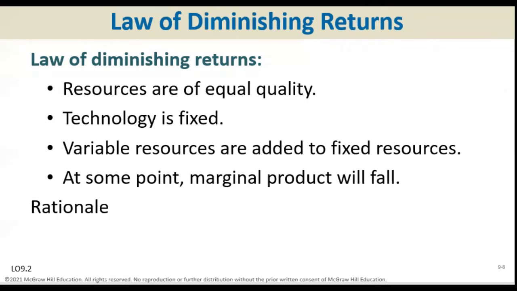If you keep adding successive variable resources to a fixed plant, it will exhaust all the excess capacity and become over capacity. Once it gets to that level, you will see diminishing returns on those additional units of variable resources that you are adding.